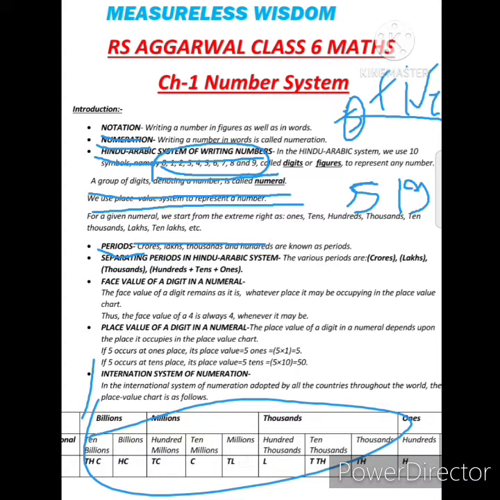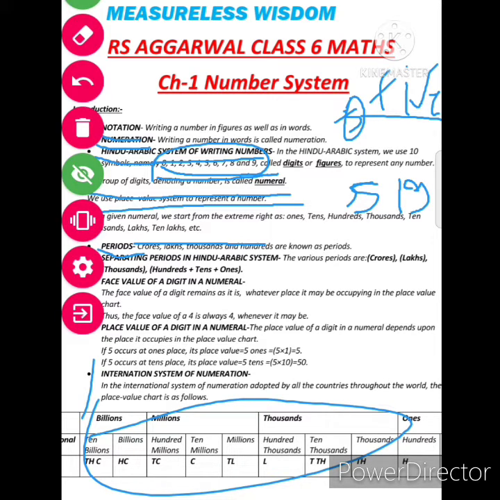These are the periods which are divided in many parts. We will divide them in upcoming time. These parts form the numerical place value system, so it creates the place value.